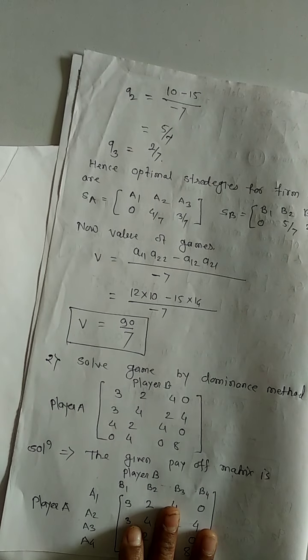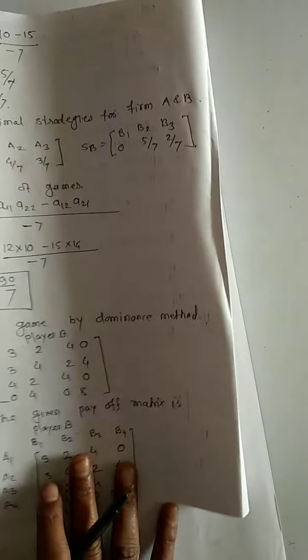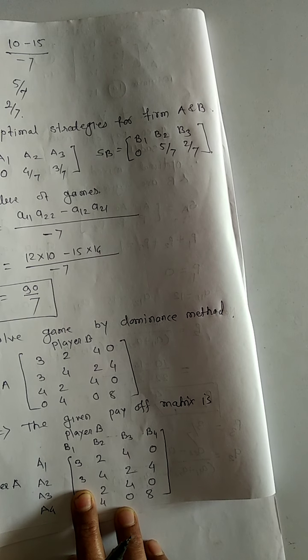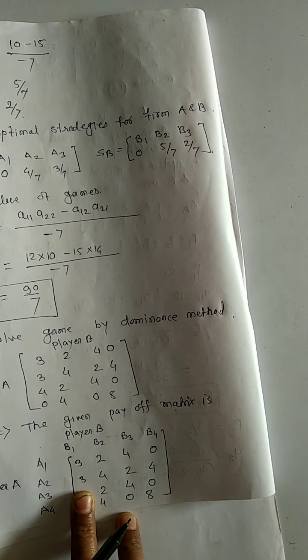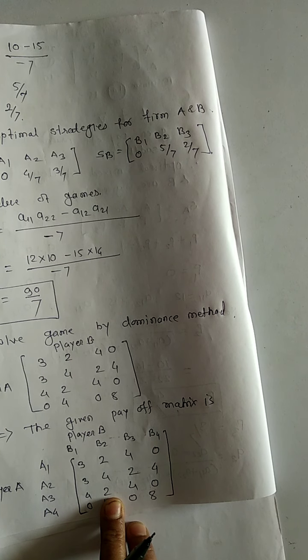Then from this matrix we see that the first row is dominated by the third row, because all the elements of the first row are less than or equal to the respective elements of the third row.